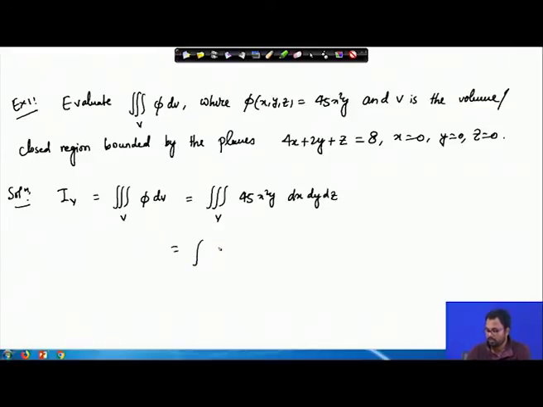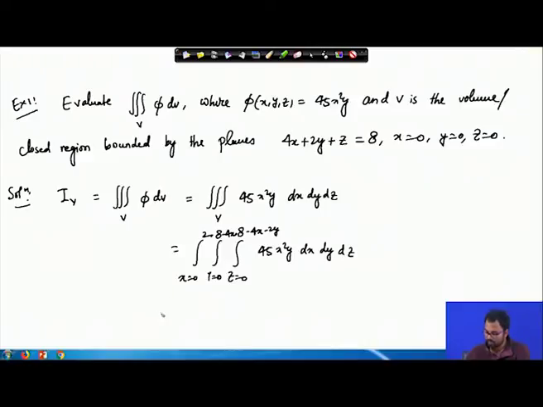Now, to write the limits for x, y and z, how do we calculate them? First of all, z is varying from 0 to 8 minus 4x minus 2y. Then y is varying from 0 to 8 minus 4x, when z is 0, and when y and z are both 0, x is varying from 0 to 2, right.